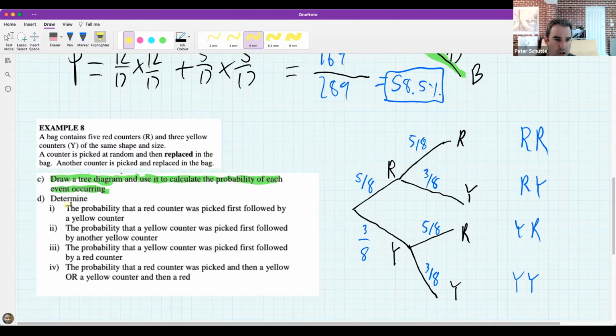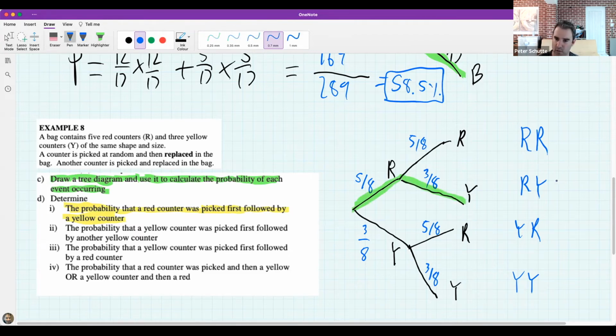So now it says, determine the probability that a red counter was picked first, followed by a yellow counter. What's the answer going to be to that question? Send your answers through, guys. So red counter first, for me, that looks like it's that branch. And then a yellow counter second would be that branch.